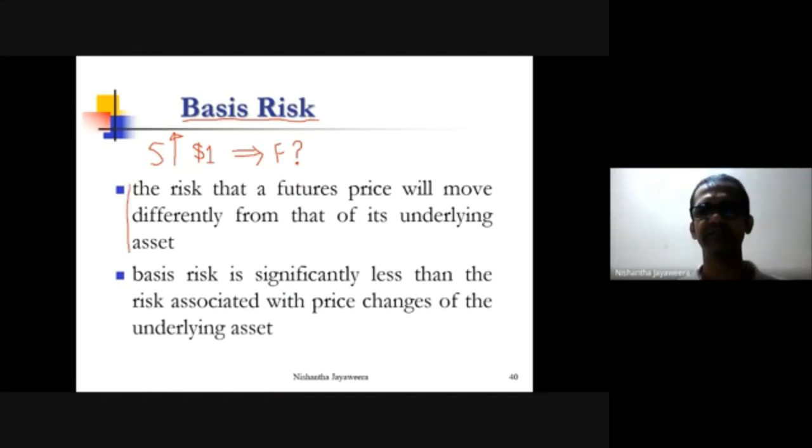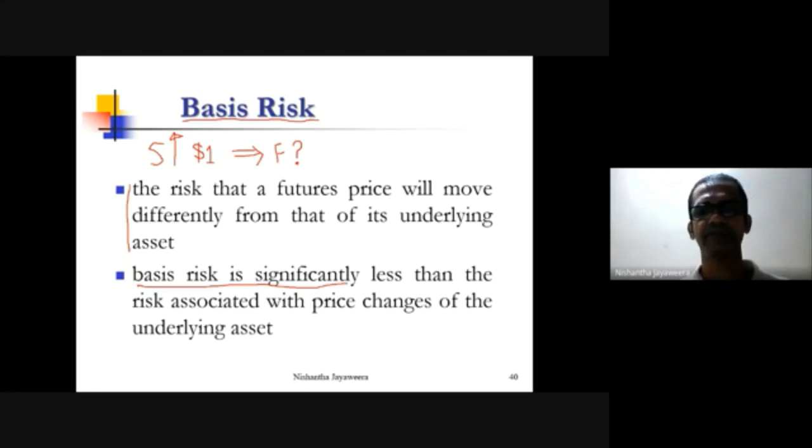The risk that a futures price will move differently from that of its underlying asset, but generally towards the same direction. If spot price increases, futures price also increases, but by different amounts. That is the risk of the basis. That is what we call basis risk.